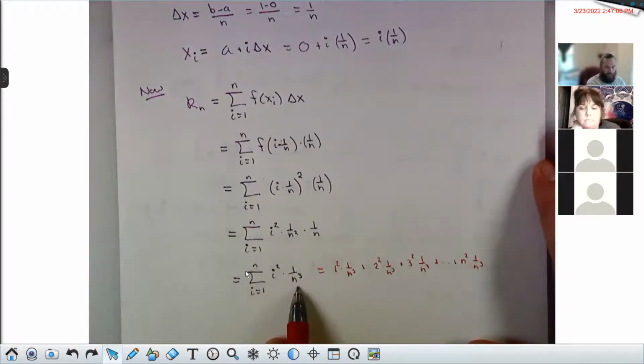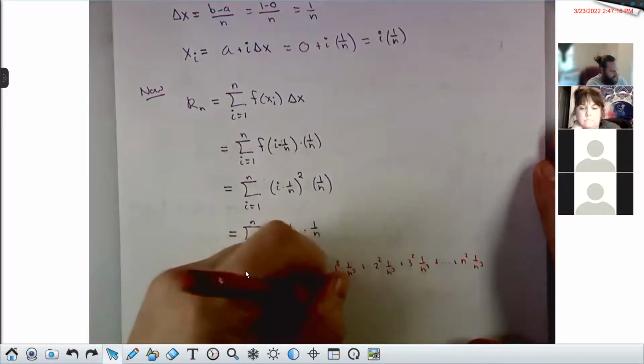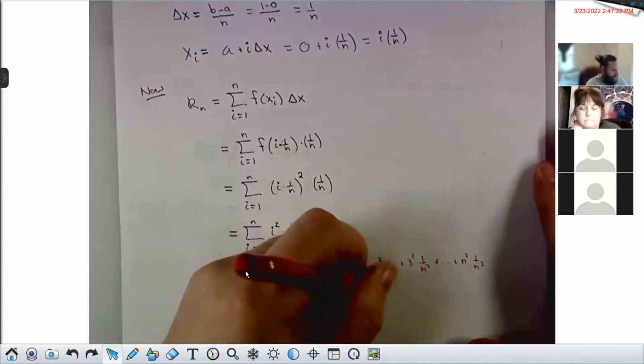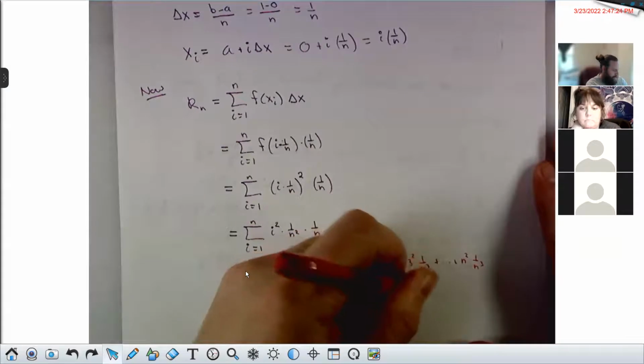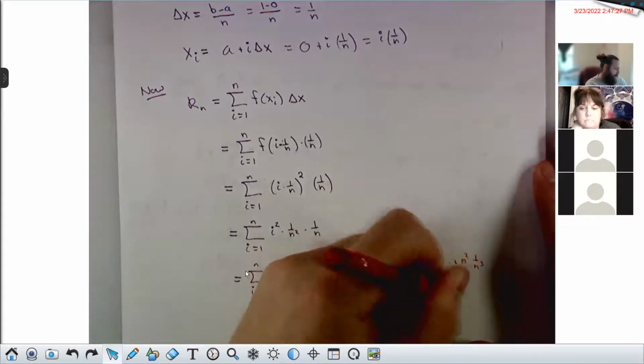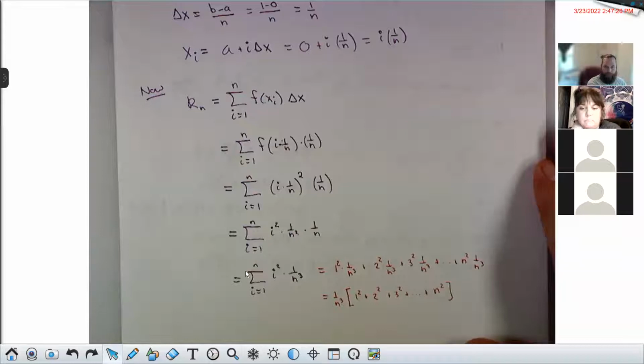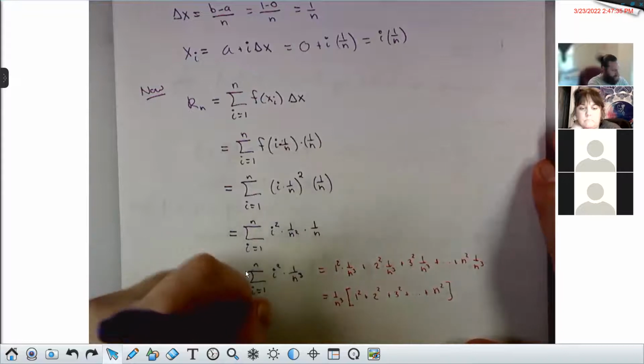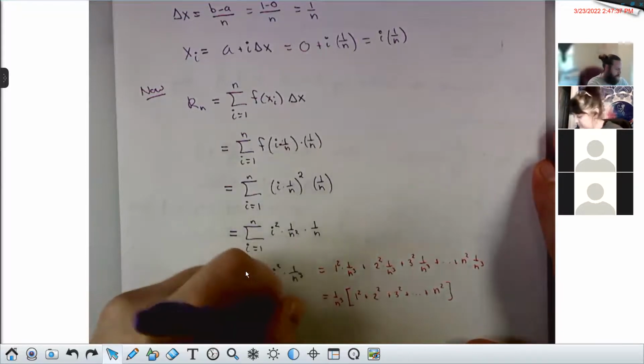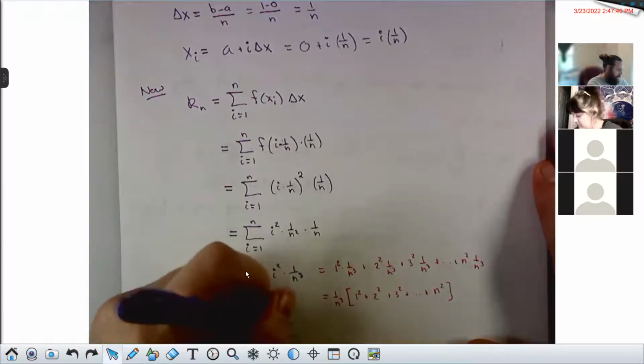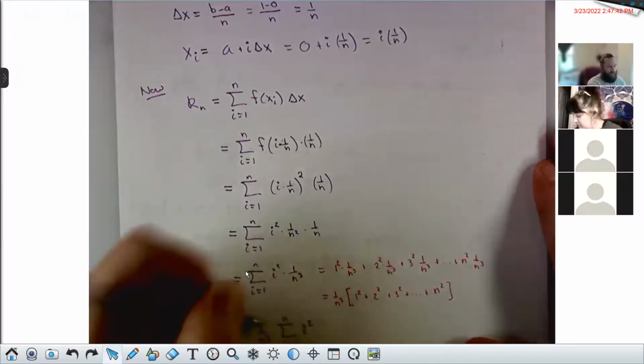Right, this piece, the 1 over n cubed piece, doesn't change with i. It's the same in all of these terms. So I can factor 1 over n cubed out. And what's left is 1 squared plus 2 squared plus 3 squared out to n squared. So that's 1 over n cubed times sigma i from 1 to n of i squared.